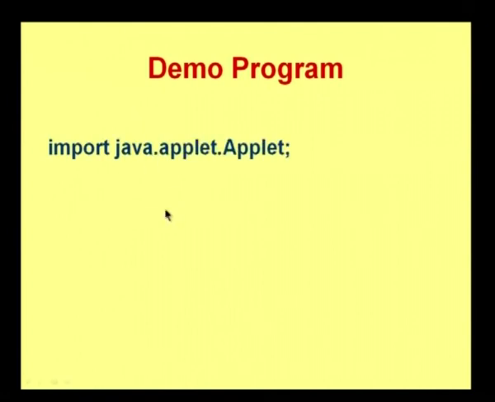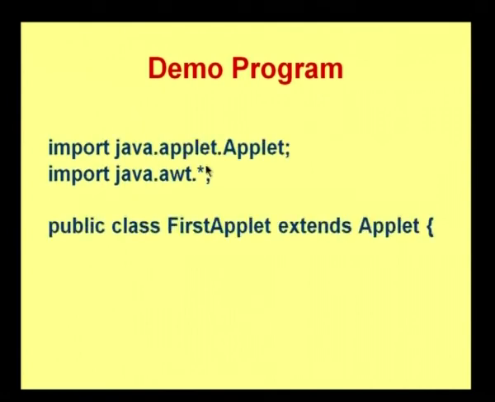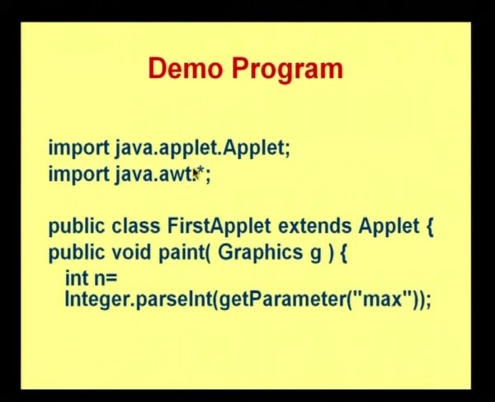Here you can see there is a sample. It is the same applet that we created previously, and I am trying to parse the value that is passed as the parameter to my applet. I am calling the getParameter method inside the applet, and then I am specifying the parameter name.